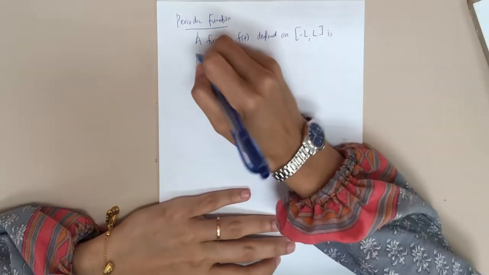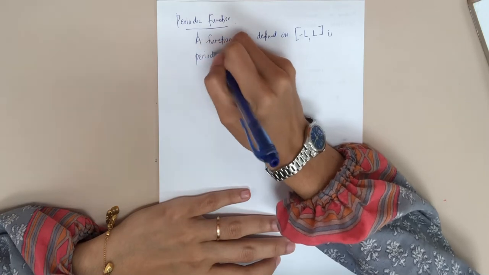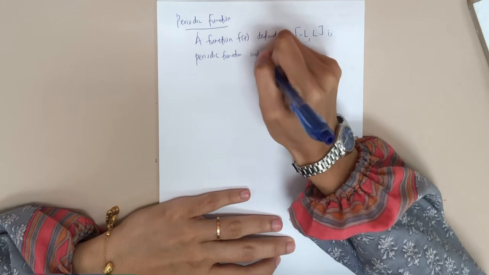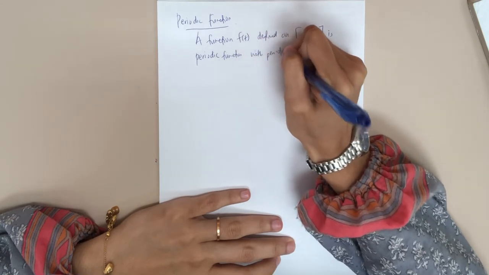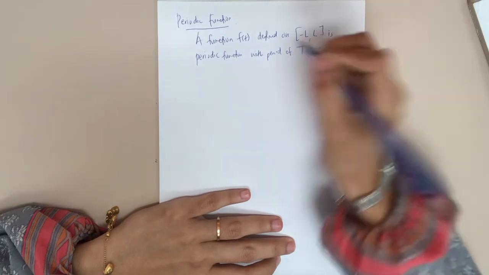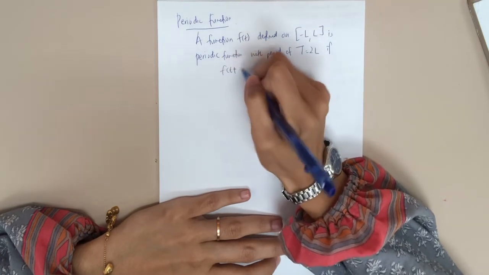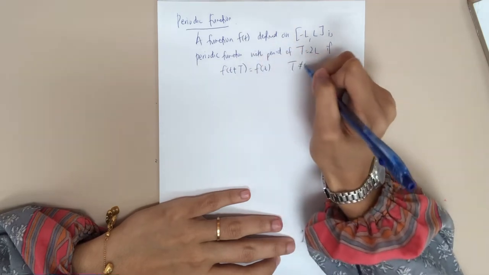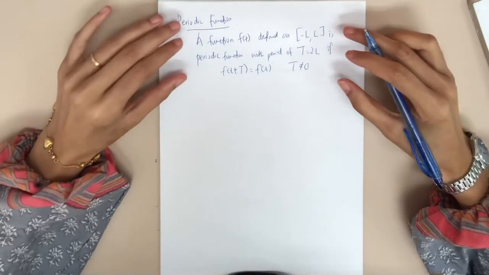It's a periodic function with the period of T equal to 2L if f(t + T) = f(t), where T cannot be equal to 0. So this is the definition of a periodic function.